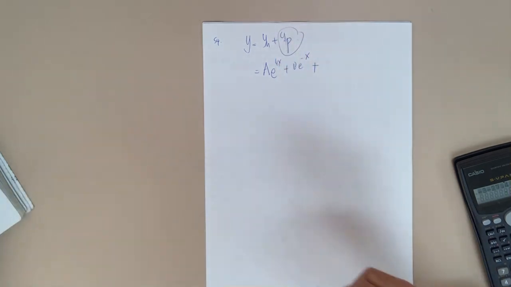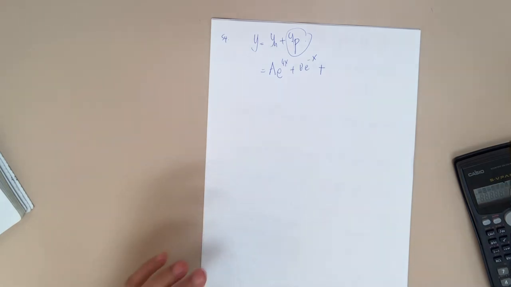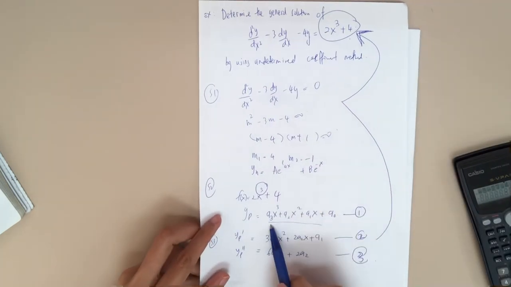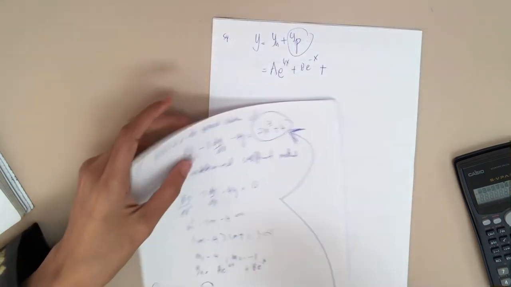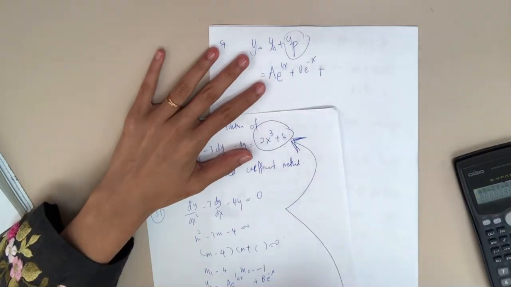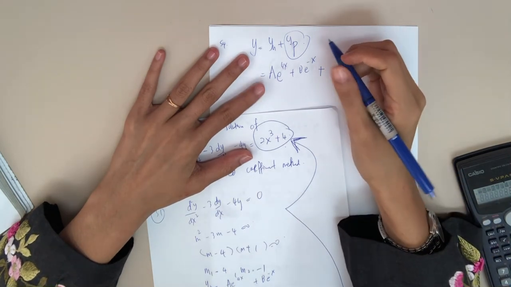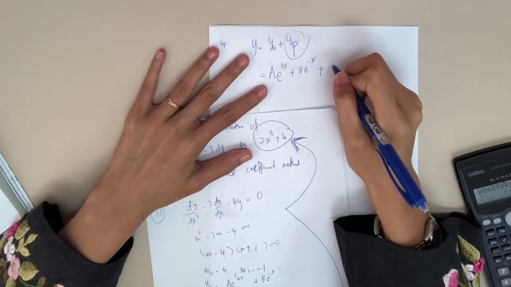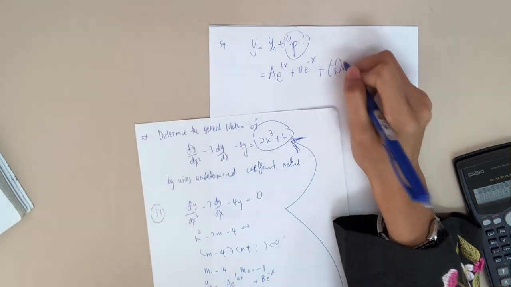So what is your YP? Okay, this is your YP. A3 x cube blah blah blah blah. Okay, so YP here, you already have the value for A3 just now, right? So just substitute here. So your A3 just now is negative half, right? So maybe I can write here negative half x cube.